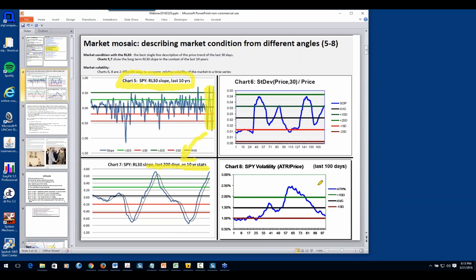Now, one of the things that we've had in the last 30 or 40 days is volatility that has gone from extraordinarily high to almost quiet. And that same move has featured this move.